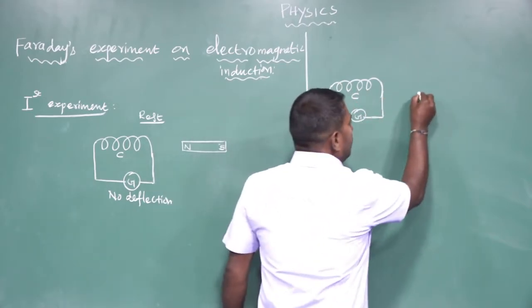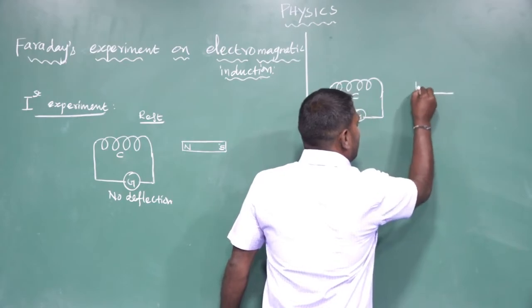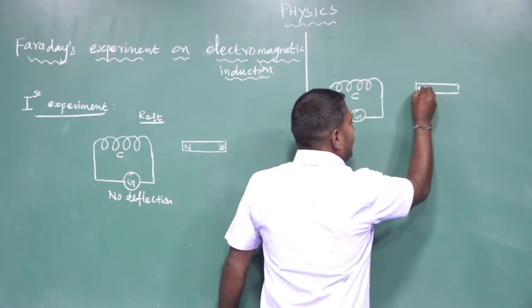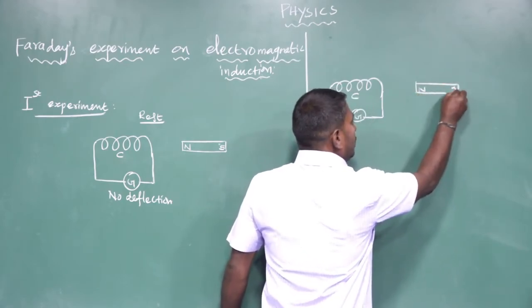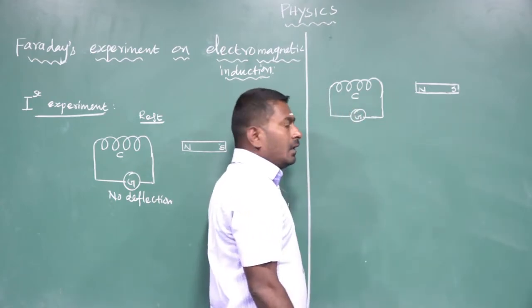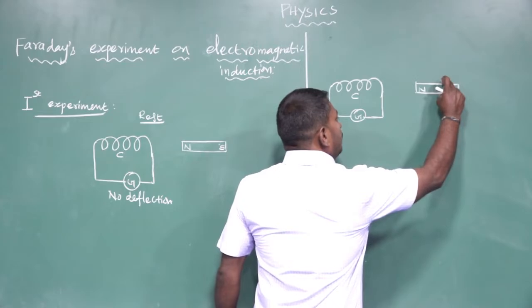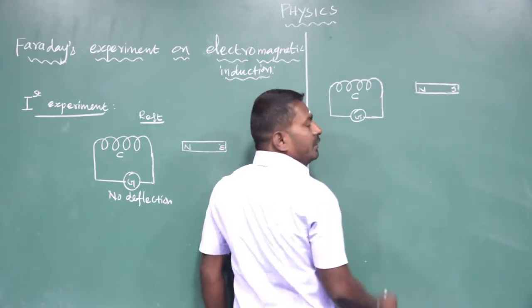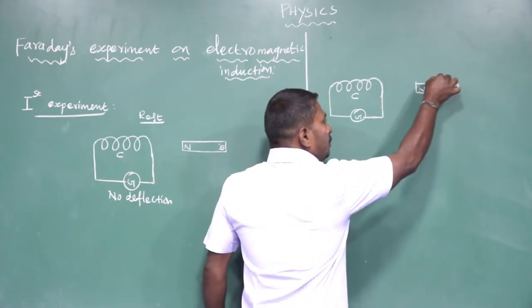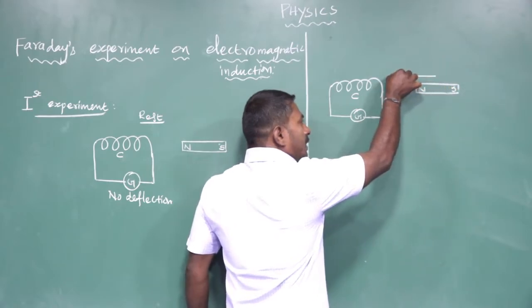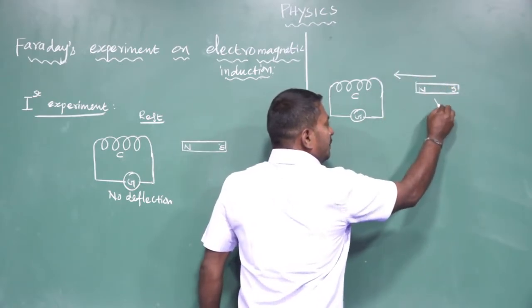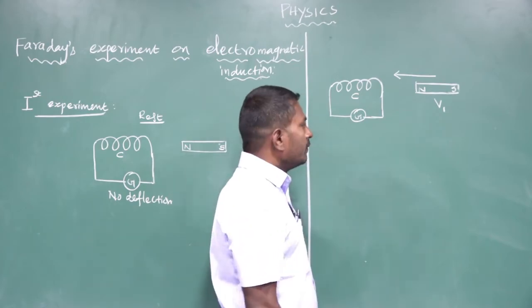But now see the bar magnet. The north pole of the bar magnet is facing one end of the coil, and the bar magnet is moving towards the coil in this direction with a velocity v1.